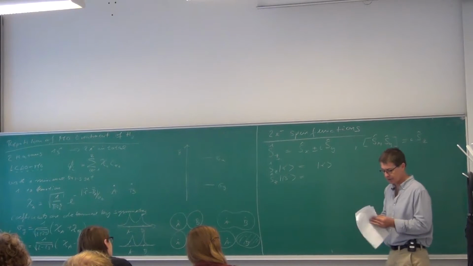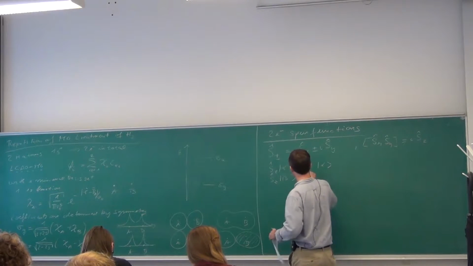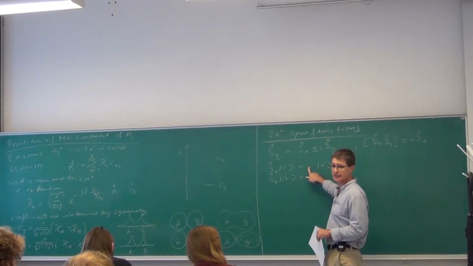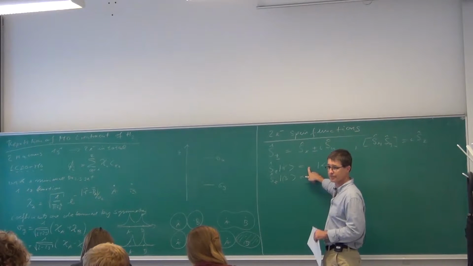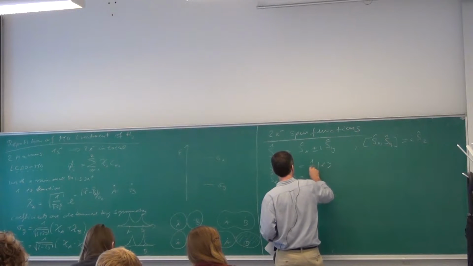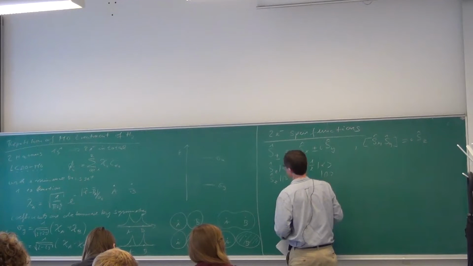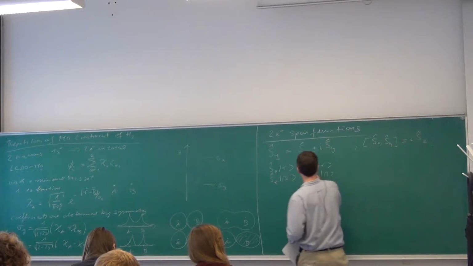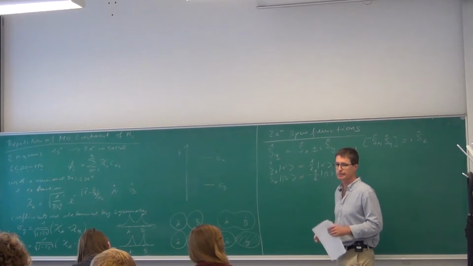In atomic units, what's the eigenvalue for an alpha spin function? 1/2, right? And for the beta spin function it is then -1/2. Therefore, this is called spin up and this is called spin down.